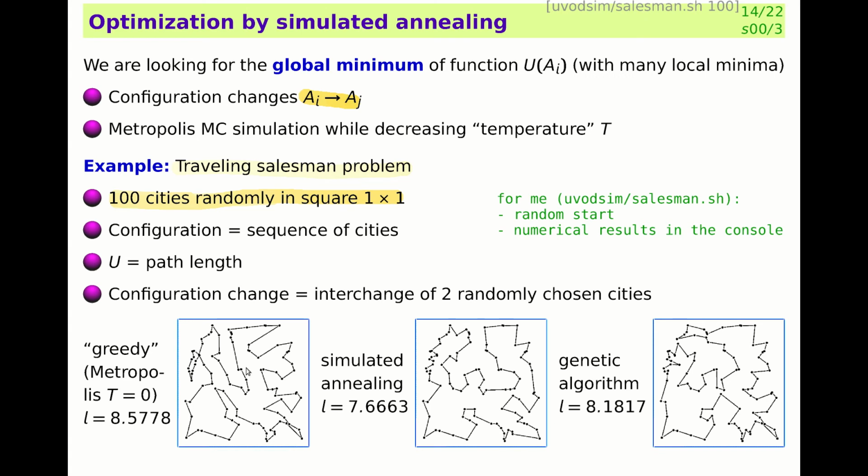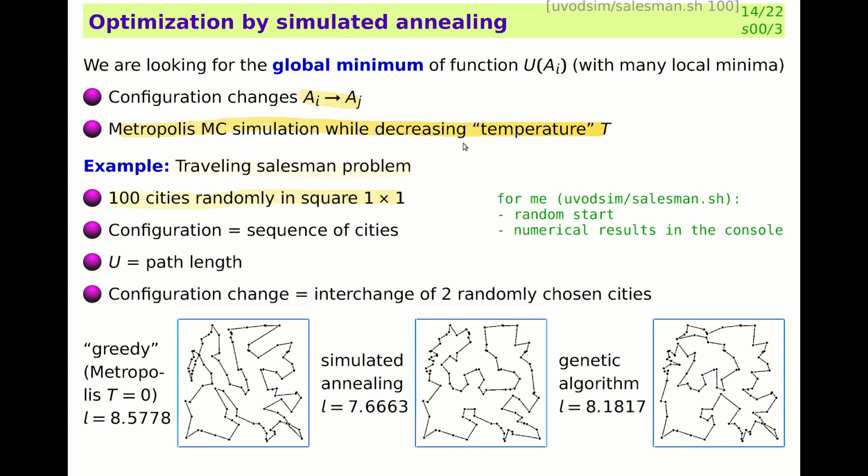And now I will look at what the new path is about its length. Is it shorter? And I have two options. In the first, the so-called greedy option, the new path, the shorter path, will always be accepted. In a more sophisticated Metropolis Monte Carlo simulation, it will be accepted only sometimes.